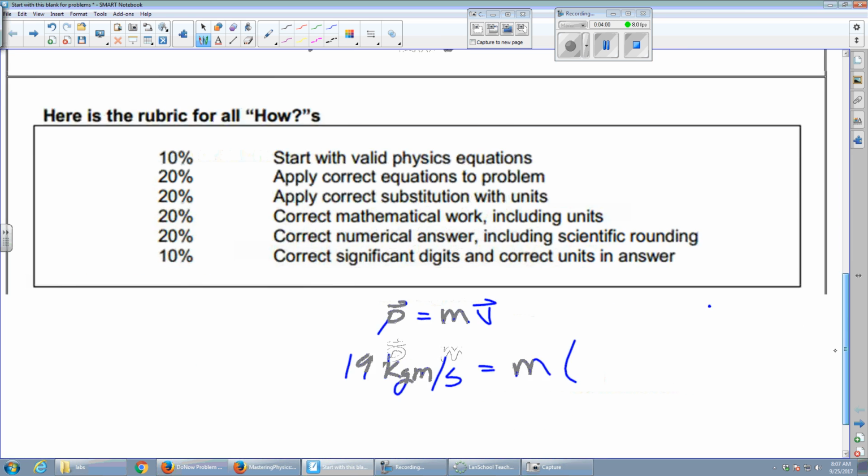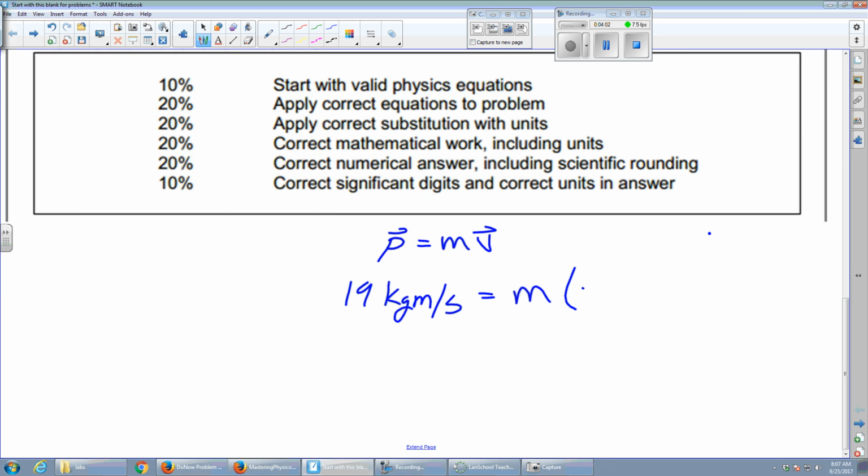So 2.2 meters per second, I can put that in place of my velocity, and then figure out my inertia here. And I get 8.64 kilograms.